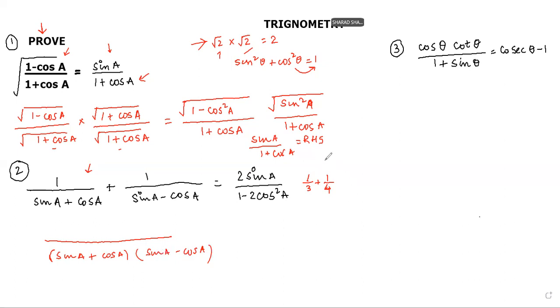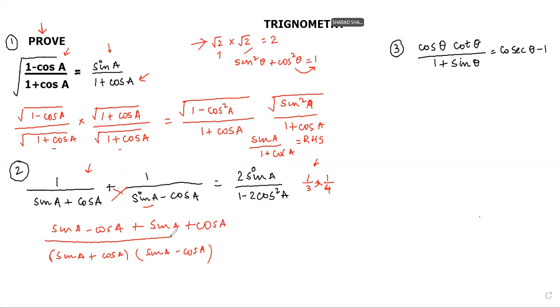And if you know how to calculate the fraction, just cross multiply, 4 plus 3 in the numerator. So what am I going to write here? Sine A minus cos A, this one will go here, and plus this will go here, which is sine A plus cos A. This is basic maths.